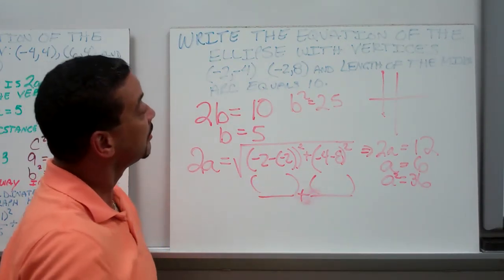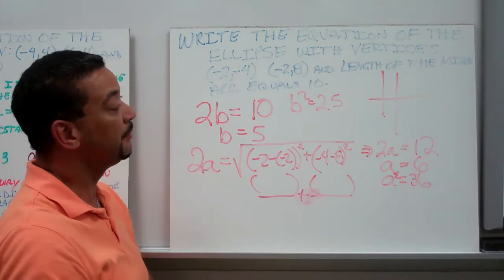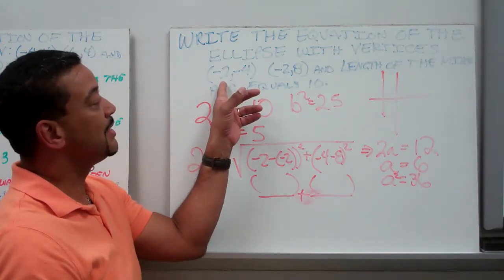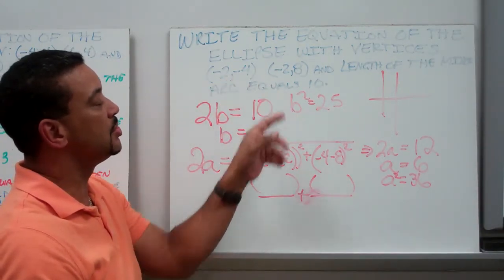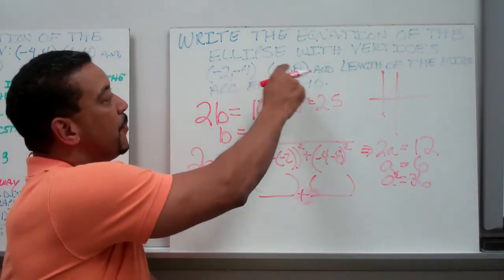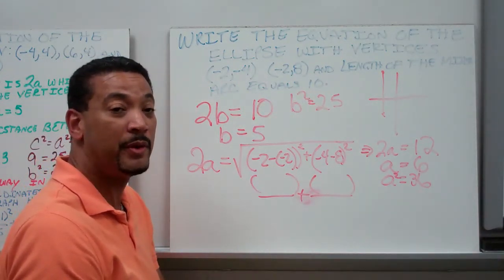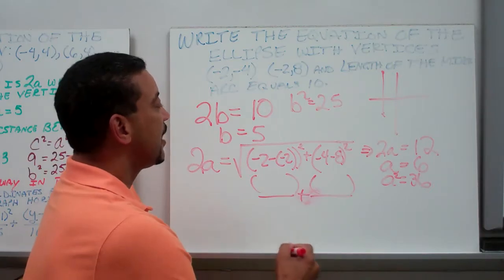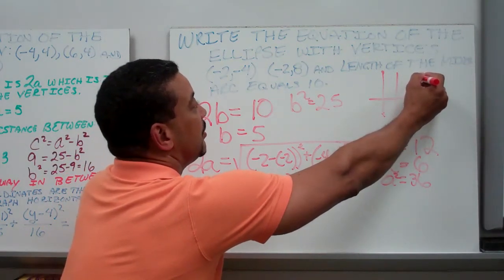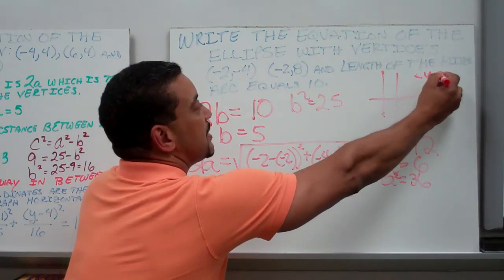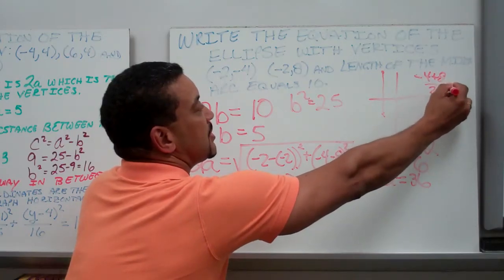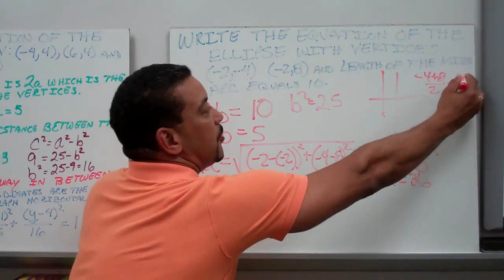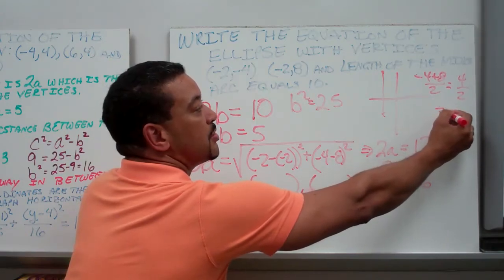For our center, which we still need to find, we know the x-coordinate is -2 because those are the two things that didn't change. Then it's going to be halfway in between the -4 and the 8. So we take -4 plus 8 divided by 2, which gives us 4 over 2, equal to 2.